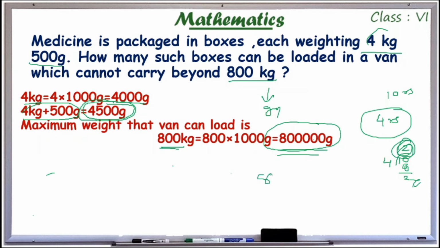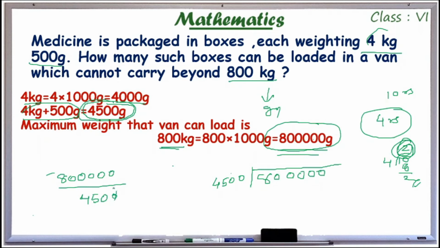Likewise I have to divide this by 4500. So I will give you one trick. In order to divide 8 lakh by 4500, you can remove the last zeros.